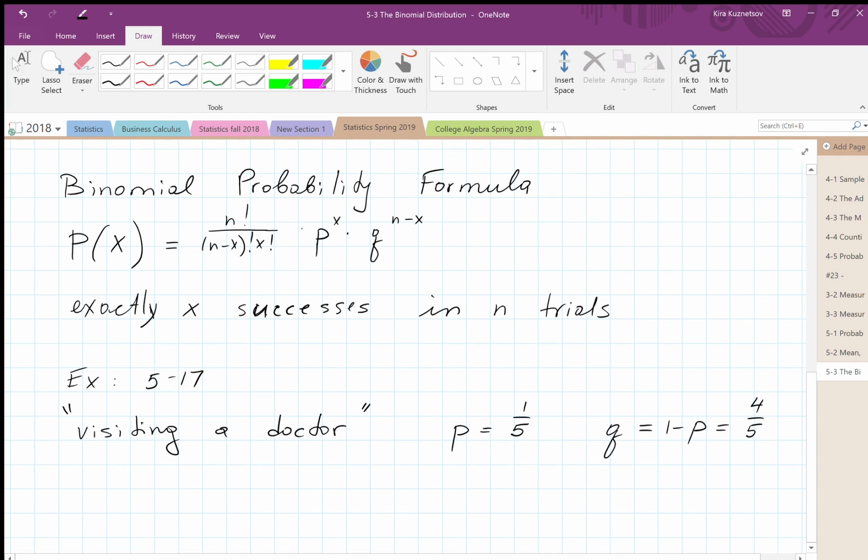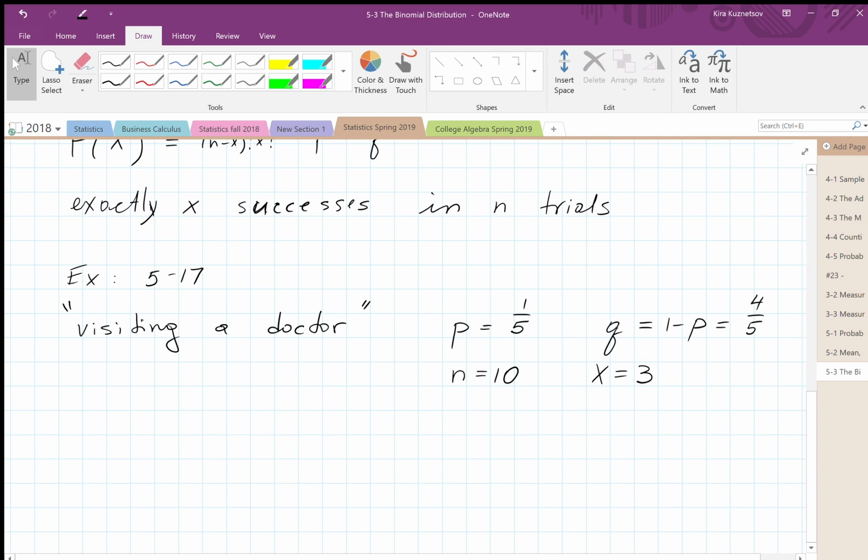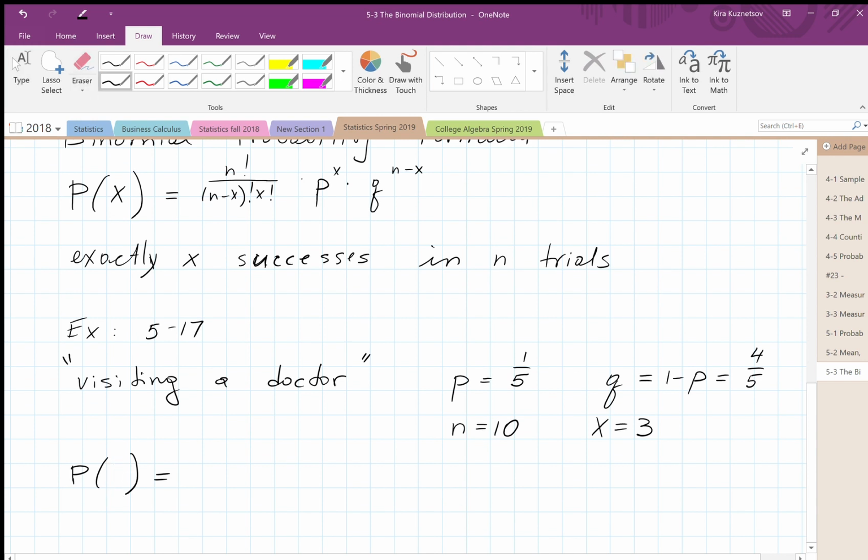I'm going to continue reading. If 10 people are selected at random, that's my N. Find the probability that exactly 3 will have visited a doctor. That's what I'm looking for. That's my X. So the probability of X, I have the formula right up there.